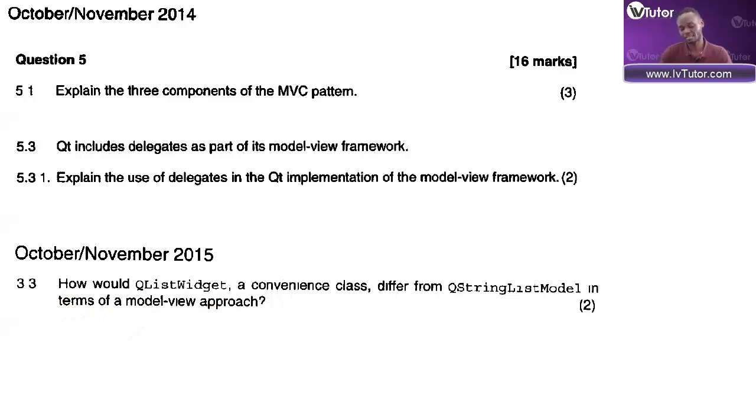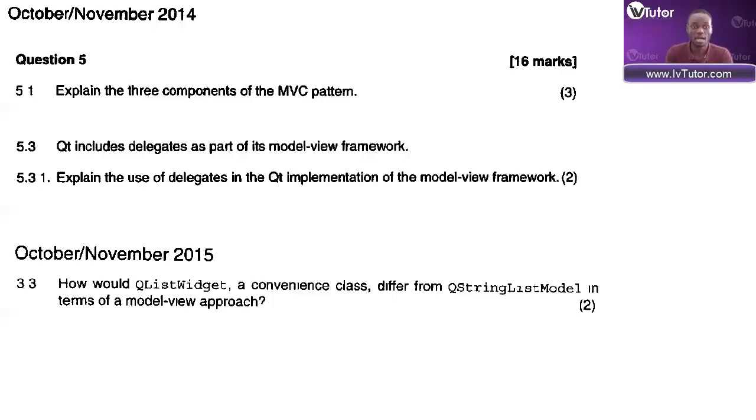So we did say that when we went through the model view framework, you've got two main categories. You've got model-based views, and you've got item-based views, or sometimes also referred to as convenience classes. And we said convenience classes or widget item classes combine the model functionality and view functionality into one class. So they are less flexible, whereas model-based classes separate the model and the view.